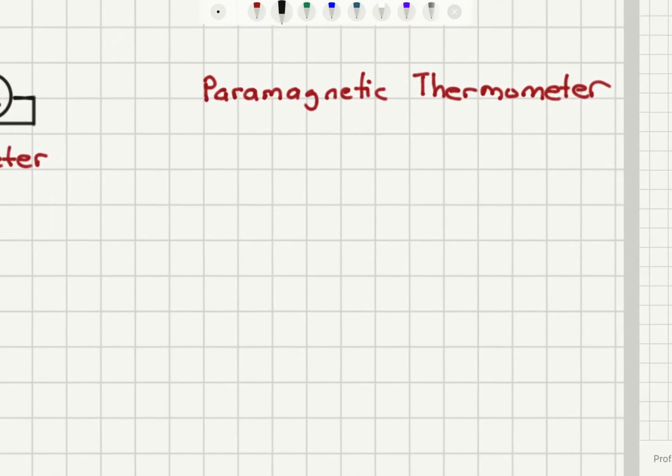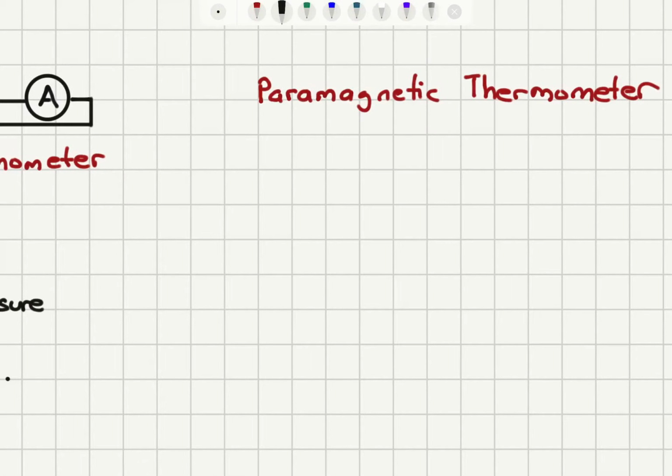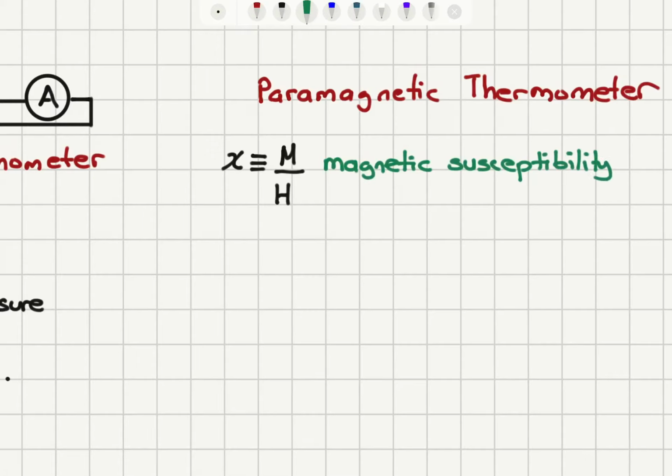Another example is the paramagnetic thermometer. The magnetic susceptibility, chi, is defined as magnetization divided by the applied magnetic field. This is an important parameter in determining the magnetic characteristics. Magnetic susceptibility tells us the response of the magnetic moments to the external magnetic field. Here M, capital M, is called magnetization.